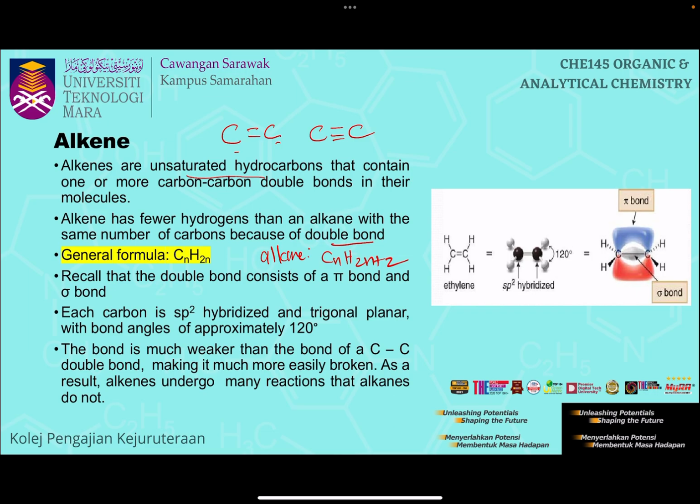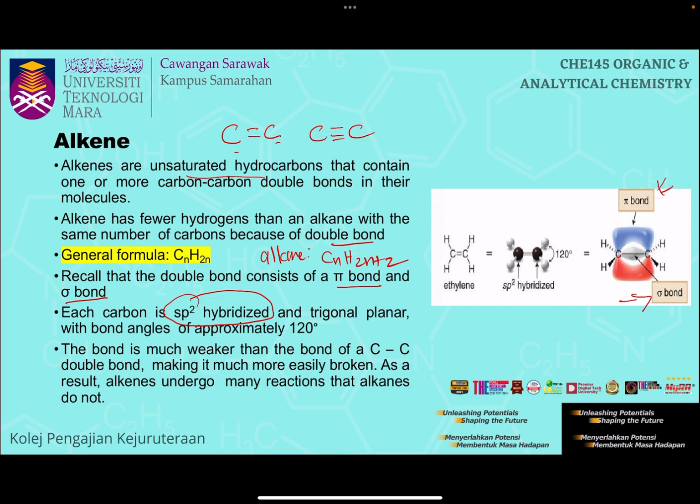The double bond consists of 1 pi bond and 1 sigma bond. If you look at this picture here, 1 sigma bond, 1 pi bond, so there are 2 different bonds. Each carbon is sp2 hybridized. I can't remember if you learned this in physical chemistry, but we're talking about hybridization of the orbitals.